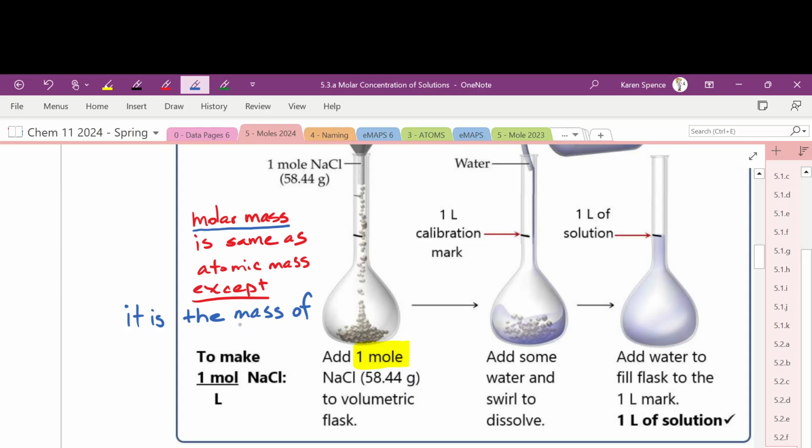Yeah, molar mass is the mass of 6.02 times 10 to the 23 particles. In other words, it is the mass of how much? 1 mole. Okay, so the molar mass is the mass of 1 mole. That's why it's molar, because it's per mole.